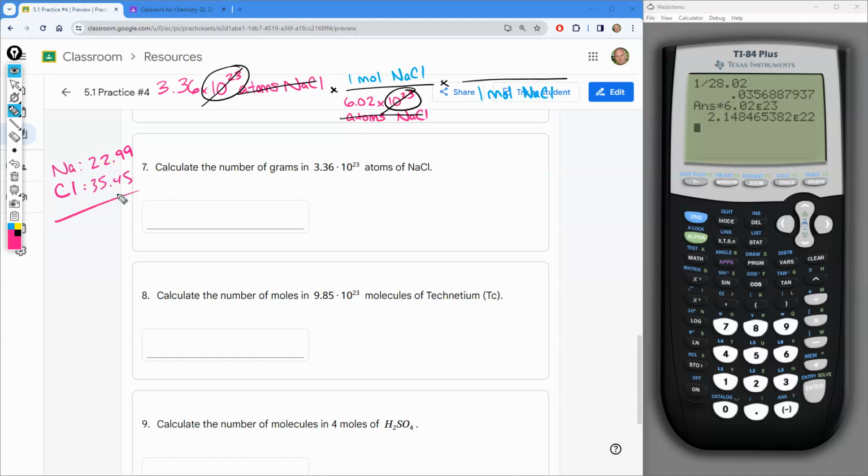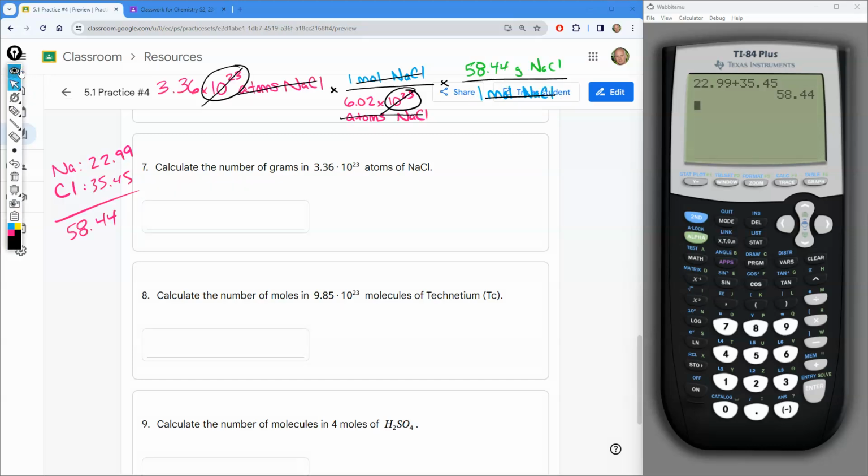So let's add those two numbers together. So 22.99 plus 35.45 is 58.44. Okay, so let's fill that in on our equation here. 58.44 grams of NaCl. Our units are going to cancel out here.